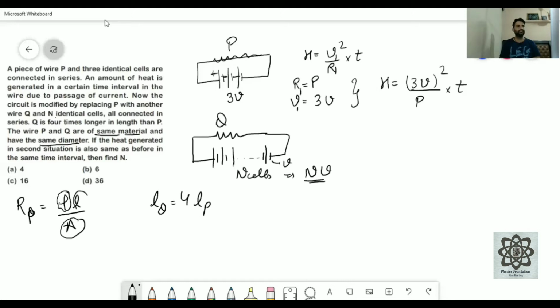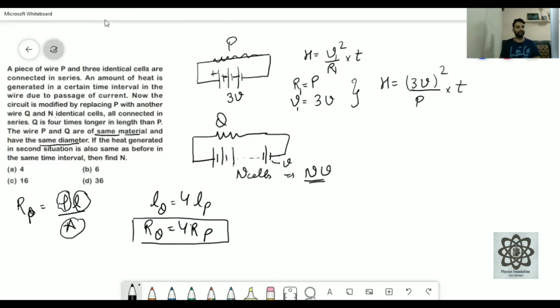Only the length changes, and the length of Q is 4 times that of P. Hence the resistance of Q would be 4 times the resistance of P, because the resistivity and cross sectional area are the same, only the length varies. If length is 4 times, the resistance of Q will also become 4 times.